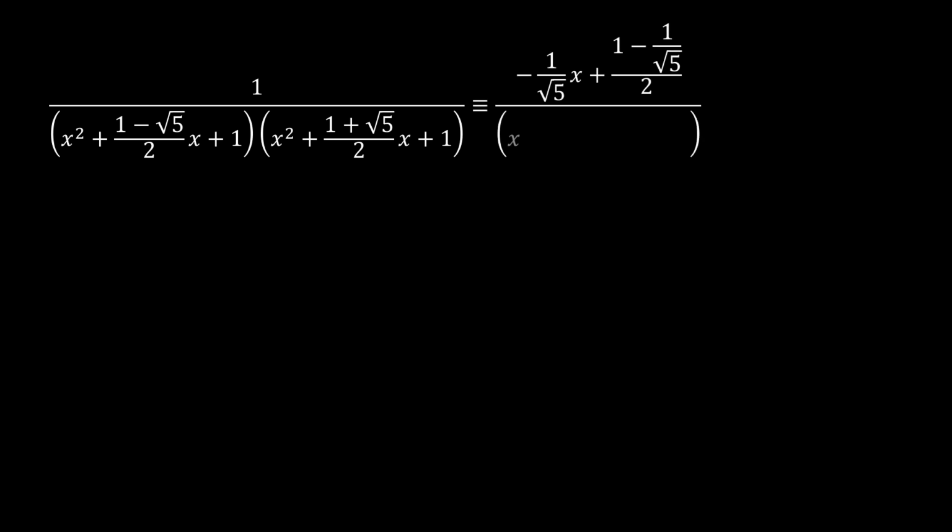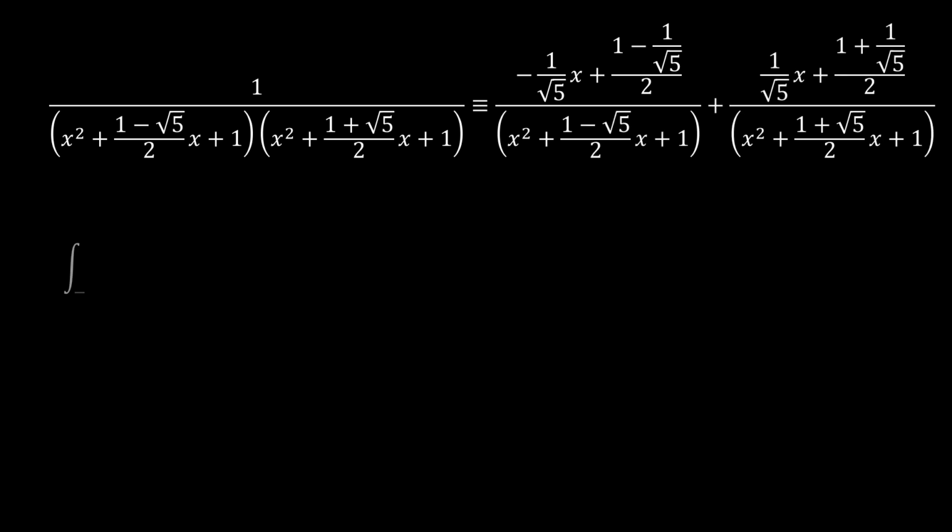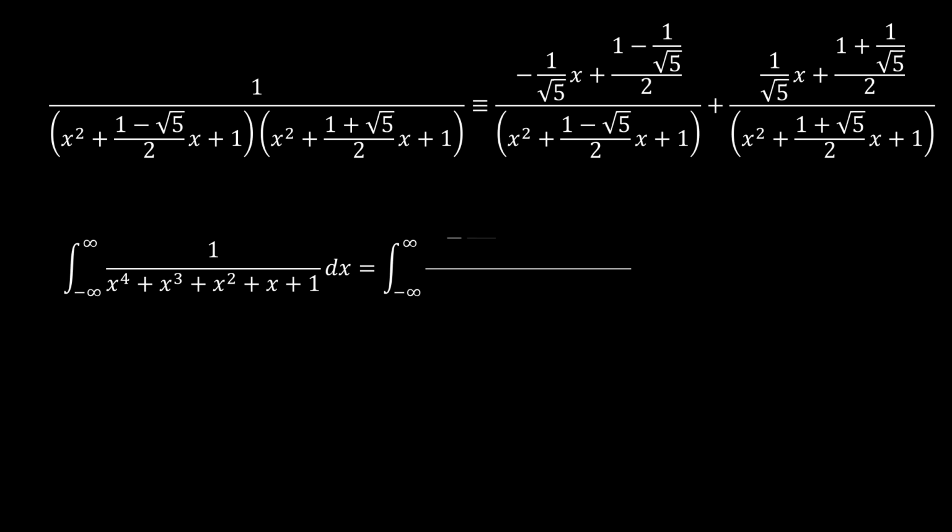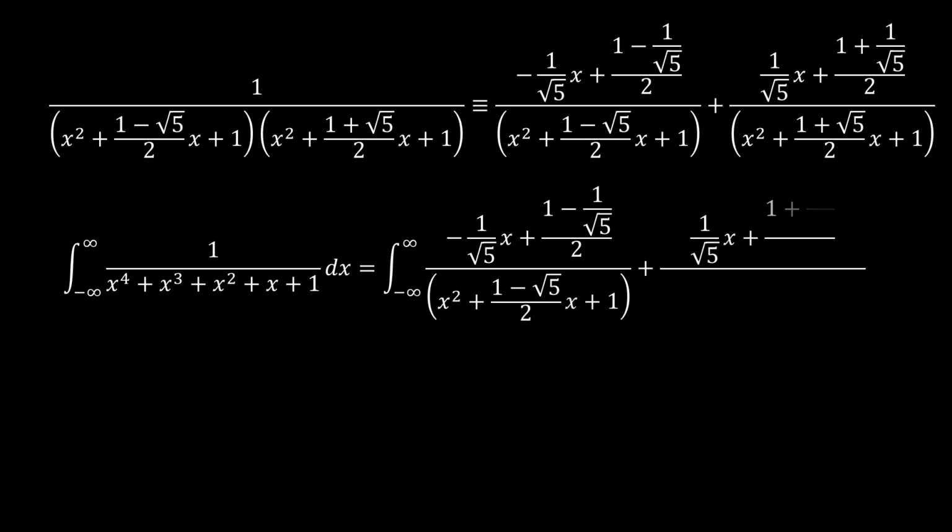Our integral of 1 over x to the power 4 plus x cubed plus x squared plus x plus 1, from x tending to negative infinity to x tending to positive infinity, is the same as the integral from negative infinity to positive infinity of negative 1 over root 5 x plus 1 minus 1 over root 5 over 2, all over x squared plus 1 minus root 5 over 2 x plus 1, plus 1 over root 5 x plus 1 plus 1 over root 5 over 2, all over x squared plus 1 plus root 5 over 2 x plus 1.